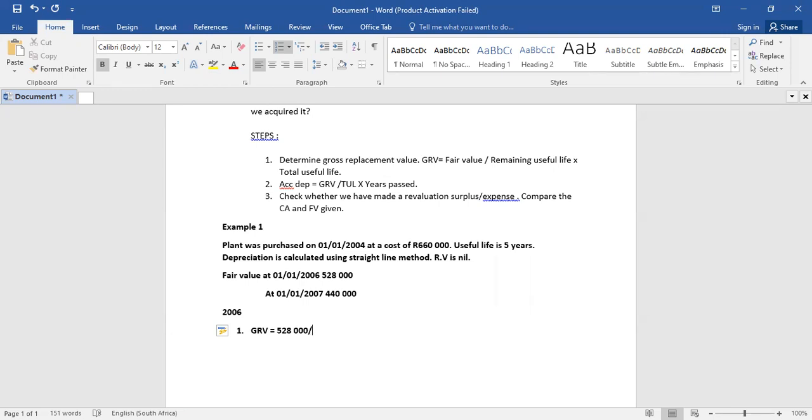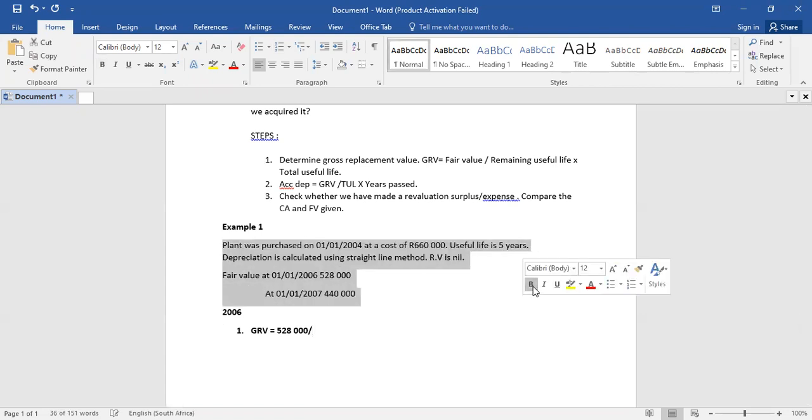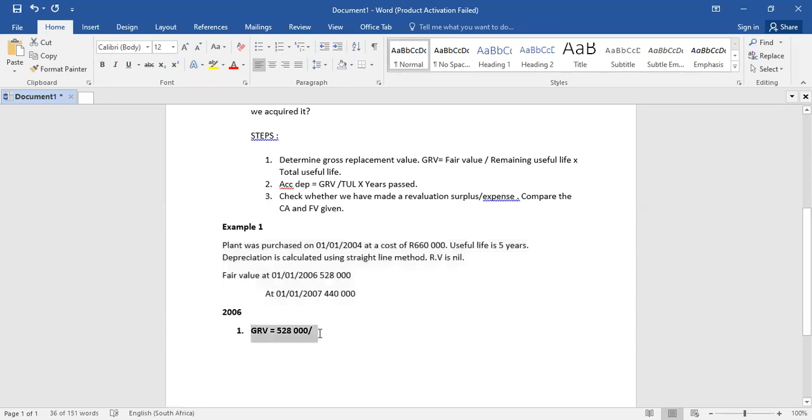I-asset sithenge ngo-2004, but now siku-2006. How many years are remaining ngo-2006?